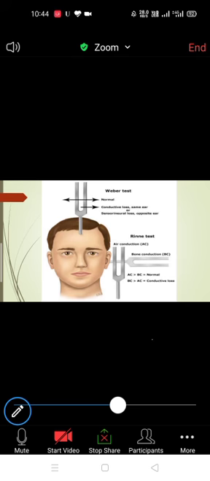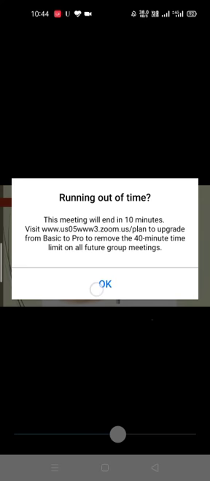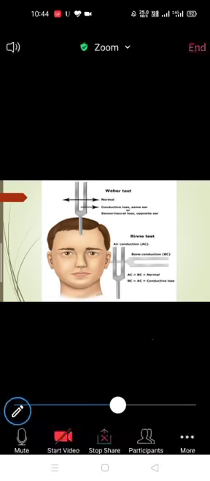If air conduction is greater than bone conduction, that means sensory neural hearing loss. If bone conduction is greater than air conduction, that means conductive hearing loss. I will share videos on how to conduct the Weber test and Rinne test. I will share some YouTube videos, so watch them and you will understand clearly.